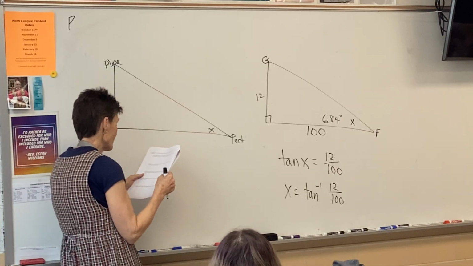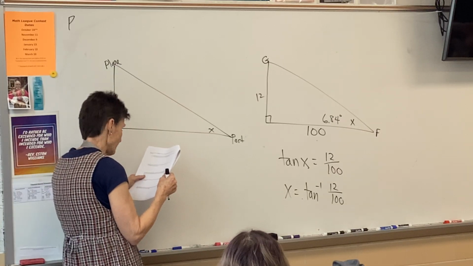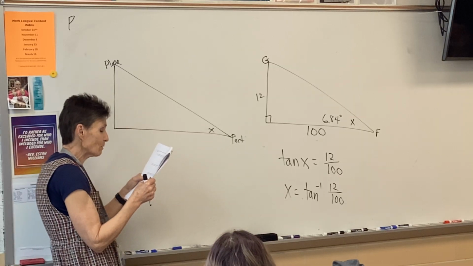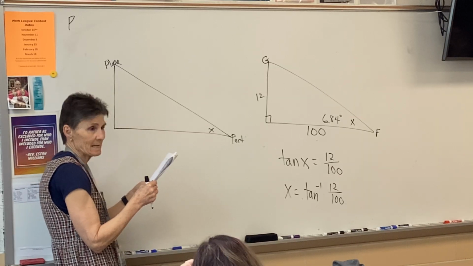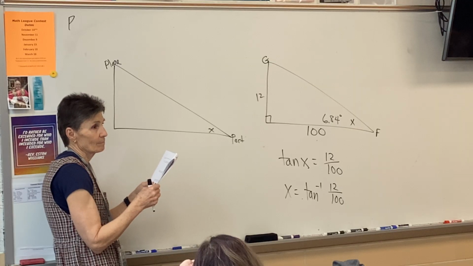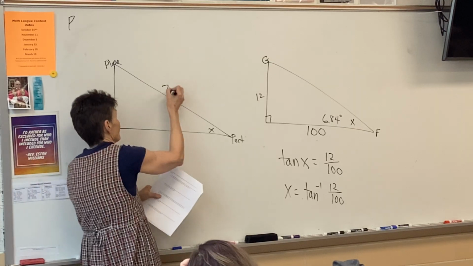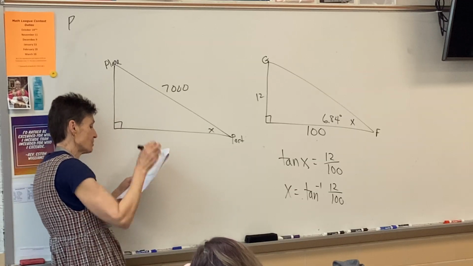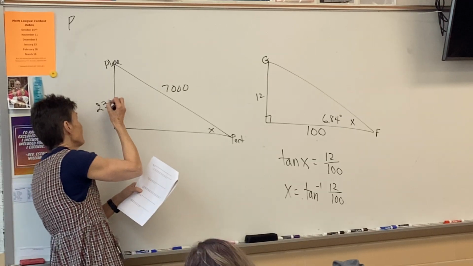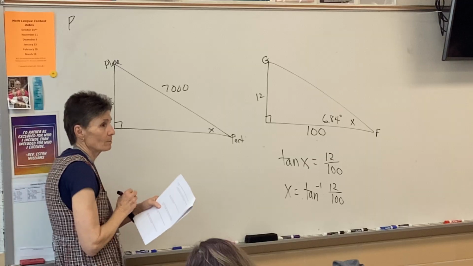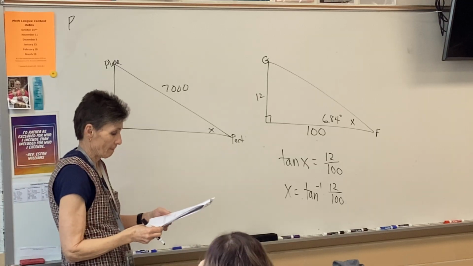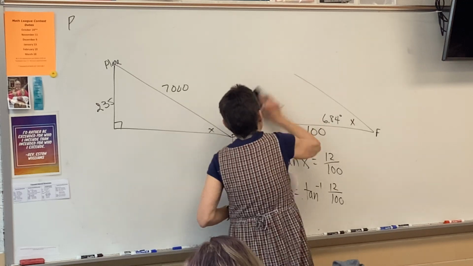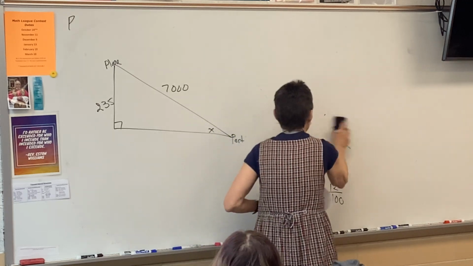The pilot wants to land at a point that is currently 7,000 feet from the plane. Hypotenuse. And the plane is 235 feet above the ground. Sine, cosine, or tangent?